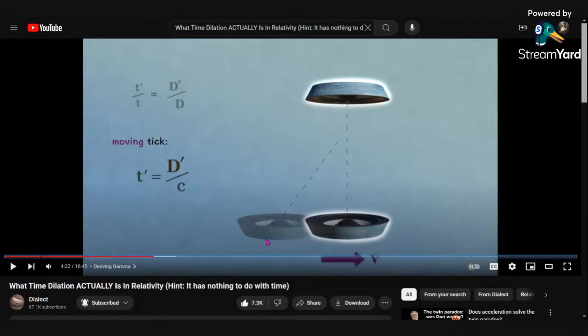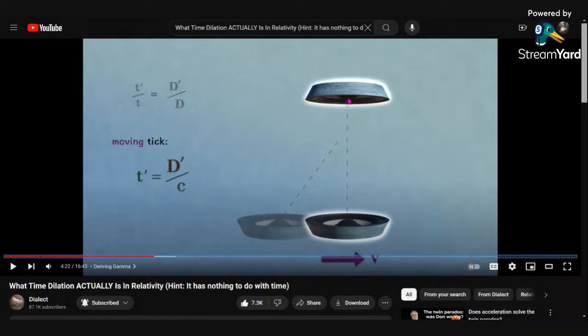So this distance, right, this is t prime. This is the time it took for this to get to here. It's the time for the diagonal tick.